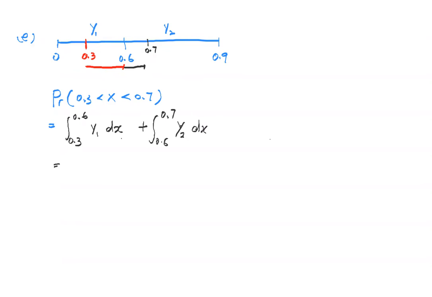So use your calculator and get the answer. Are you clear? So the limit is very important. For which values of x you must use which probability density function, you yourself have to observe it. So clear? Okay.